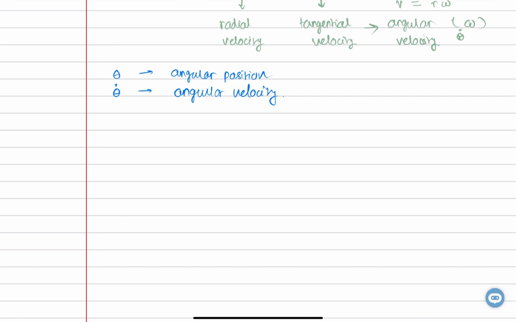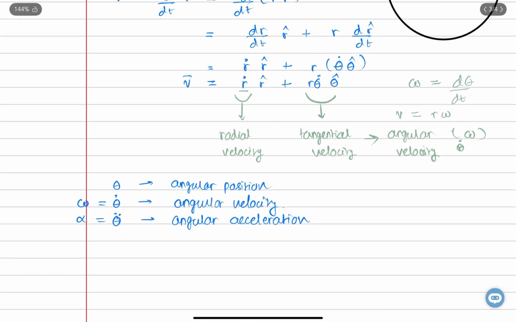One thing to keep in mind is that theta dot is also sometimes denoted as omega, and theta double dot, that is the second time derivative of the angular position, is what we call angular acceleration, right? And this angular acceleration is often denoted by alpha. All of these things will be important to us when we do rotational motion. So these are some important quantities that we will meet again and again.